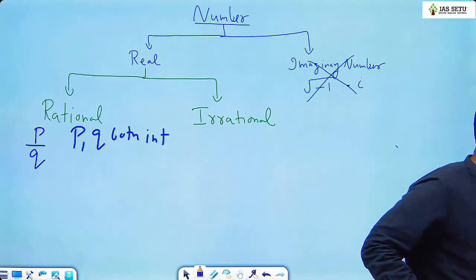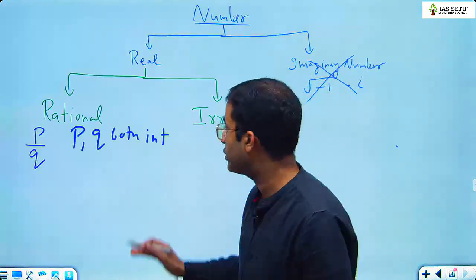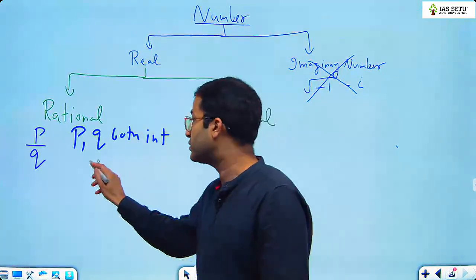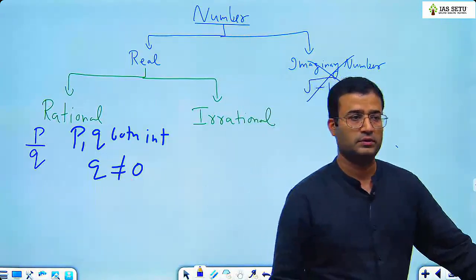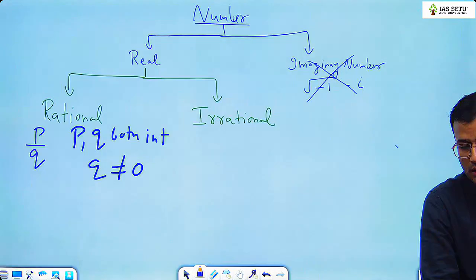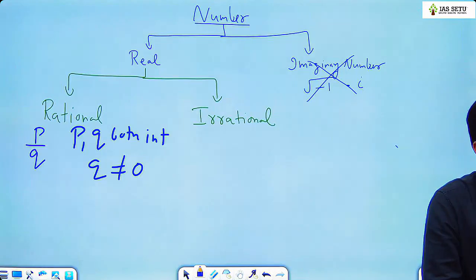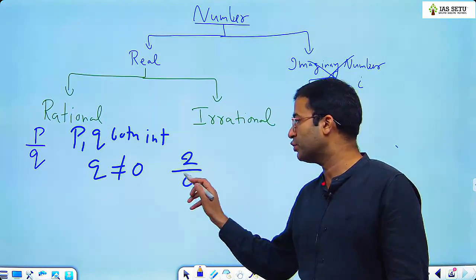Yes, we can write in the form of P by Q, but the next point is that P and Q both must be integers, and Q not equal to 0. Why do we say Q cannot be 0? The moment Q is 0, what does it become? Infinity. 2 by 0, 3 by 0, these are infinity.